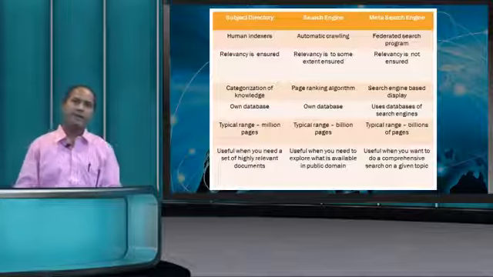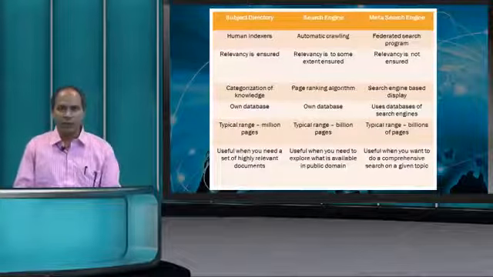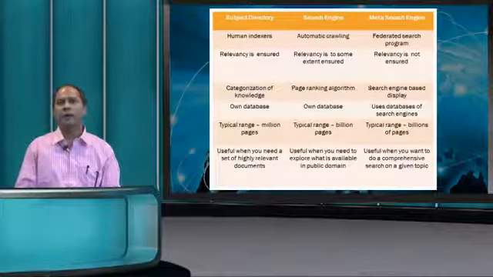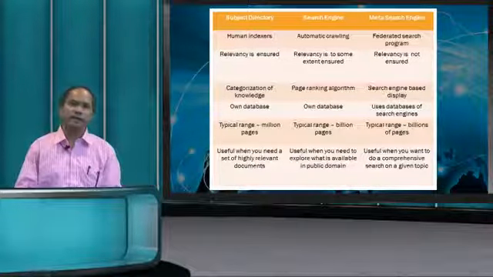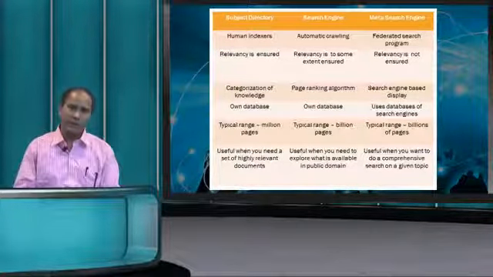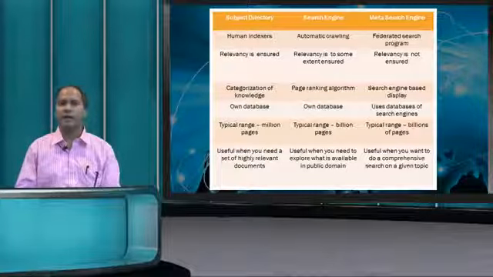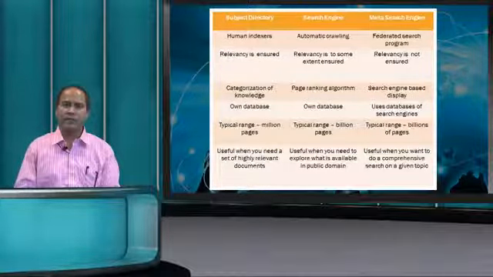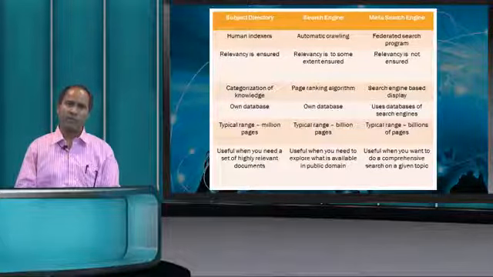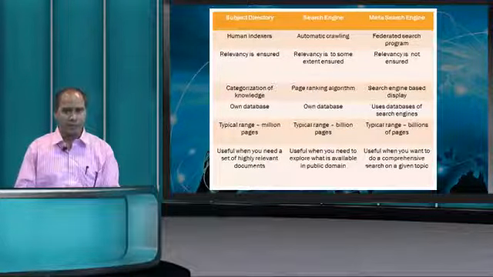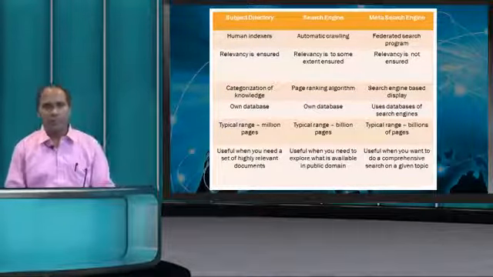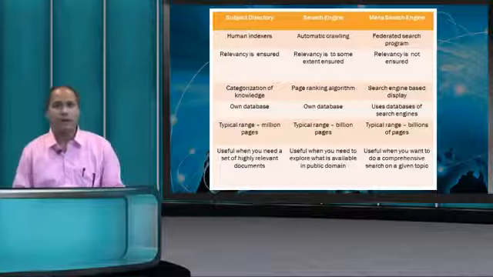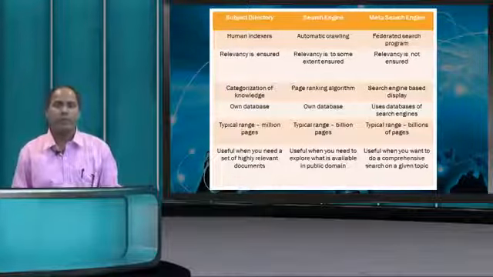On the other hand, search engines are based on automatic crawling. They do not apply a human indexing system. Here relevancy is to some extent ensured, depending on the different kinds of algorithms used by the search engine. In most cases they follow not categorization of knowledge, but their own page ranking algorithm. For example, the famous Google page ranking algorithm is a patented piece of software.